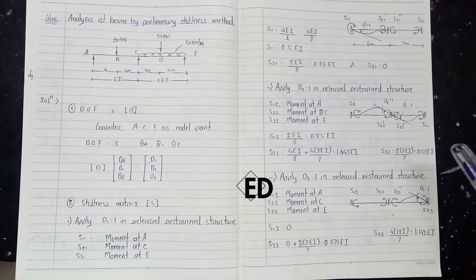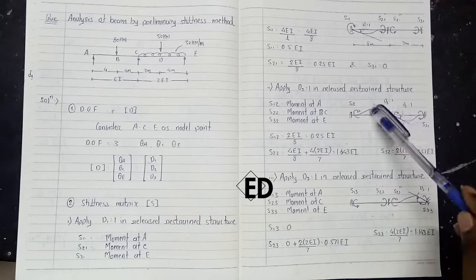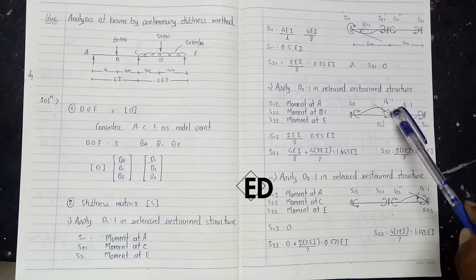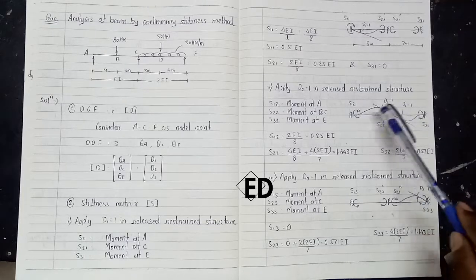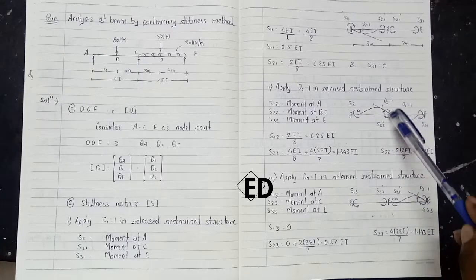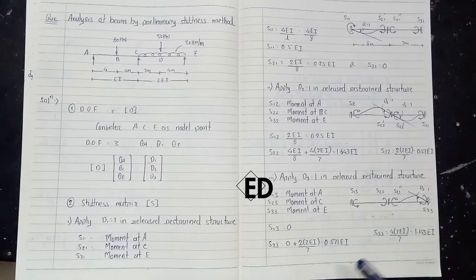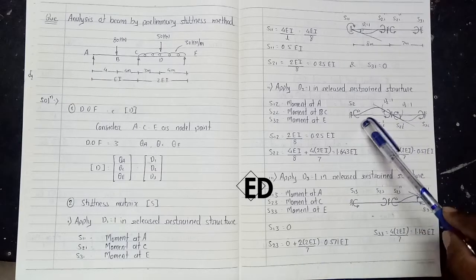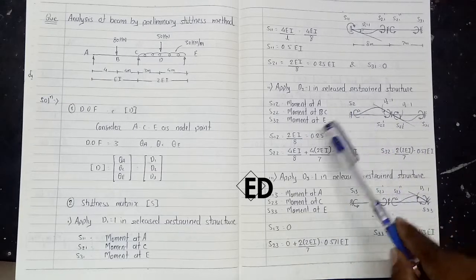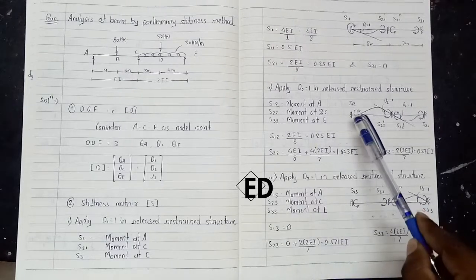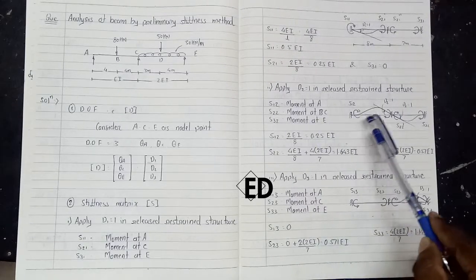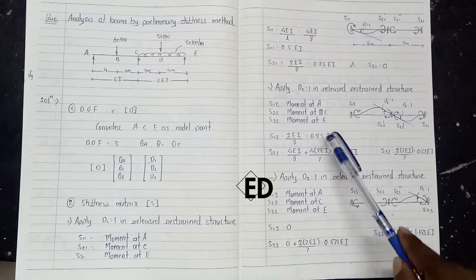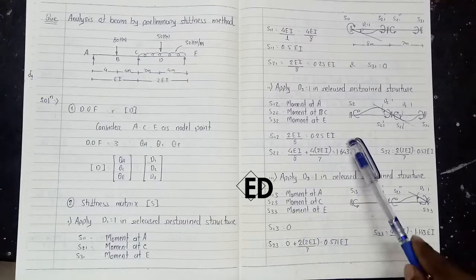As we considered clockwise as positive, the unit deflection at C is clockwise for the AC span and clockwise for the CE span. The stiffness from A to C, S12, is 2EI by L, so we directly get 0.25 EI.